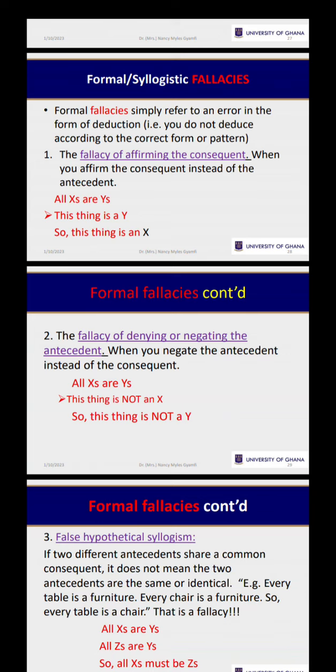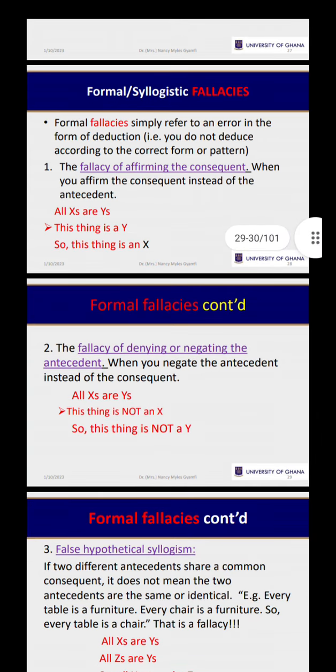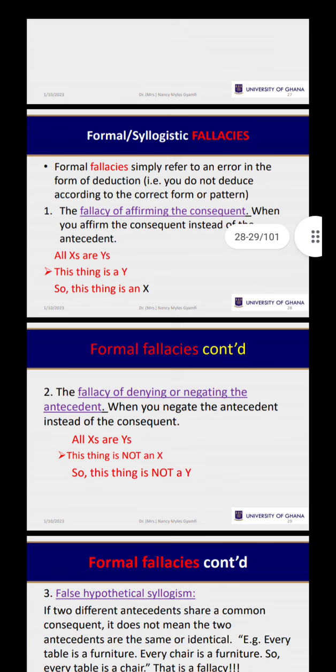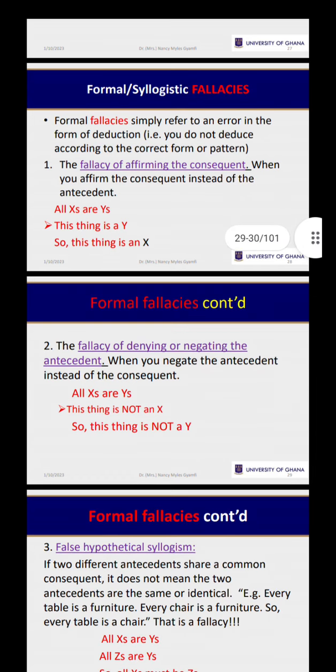The modus ponens is affirming the antecedent. But if you go and affirm the consequent, it becomes the fallacy of affirming the consequent. Somebody will ask me, what is an antecedent, and what is a consequent? If I say Amma is beautiful, Amma becomes the antecedent, and beautiful becomes the consequent.